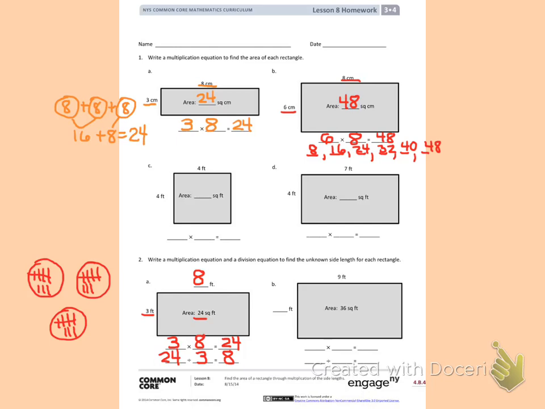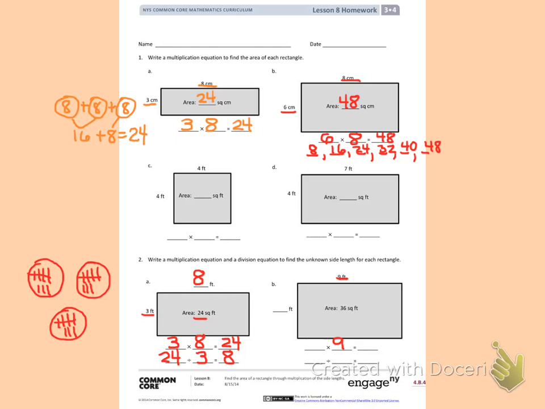This time they gave us the longer side length, and that's 9 feet. I'll put the 9 here. It could really go on the first line as well, because it doesn't make a difference in multiplication which order you put the factors. I like to put the shorter length first and the longer length second, the rows by the columns.